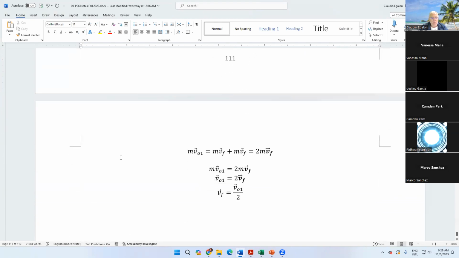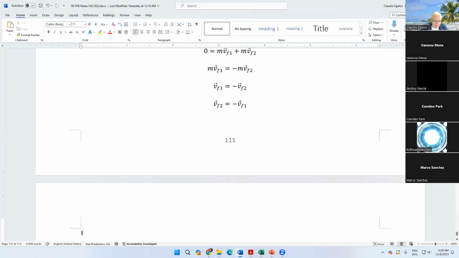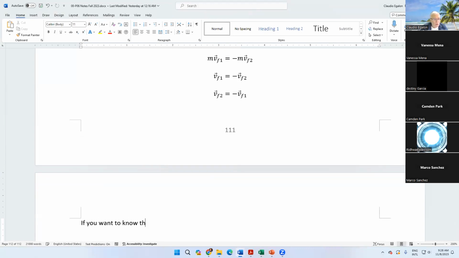Okay? If you want to know the exact value of the final velocity, you must know the internal energy of the powder gun, right?